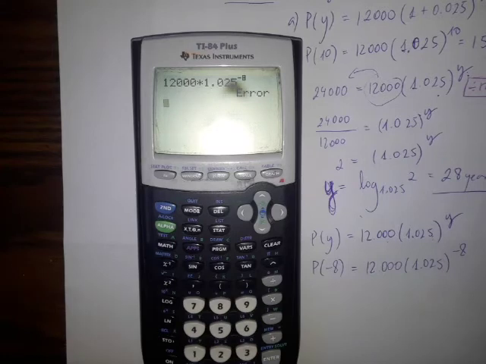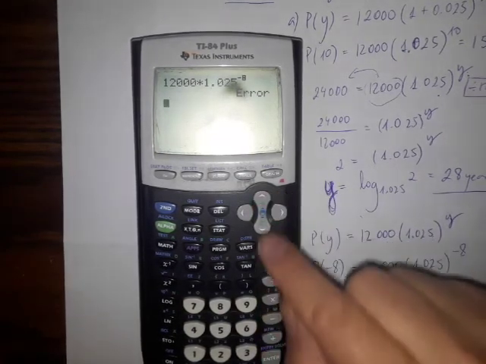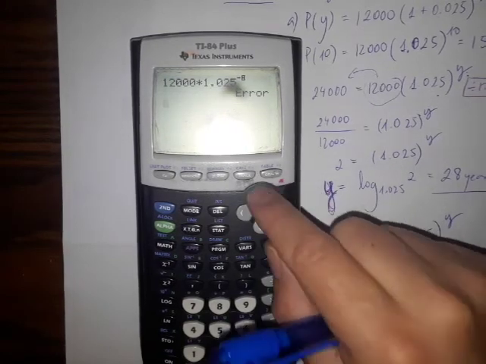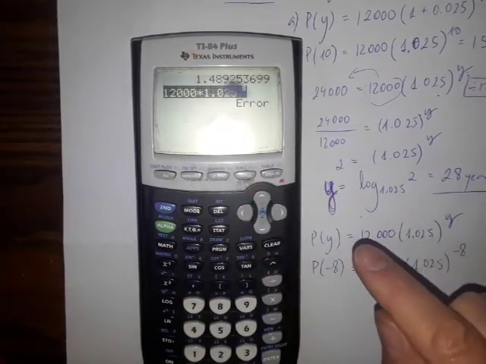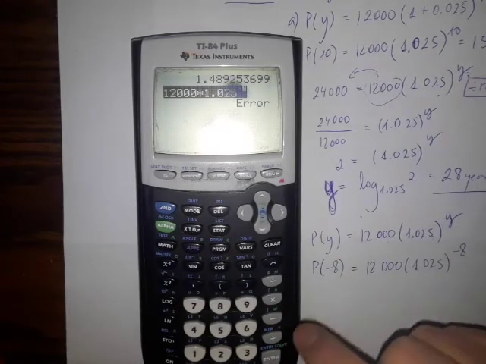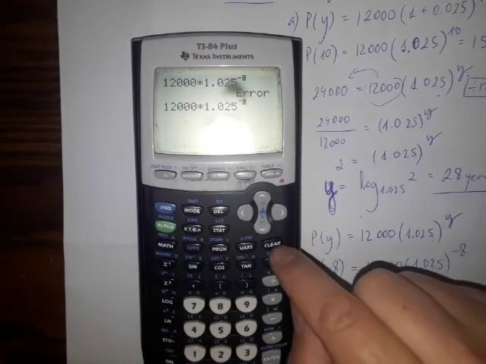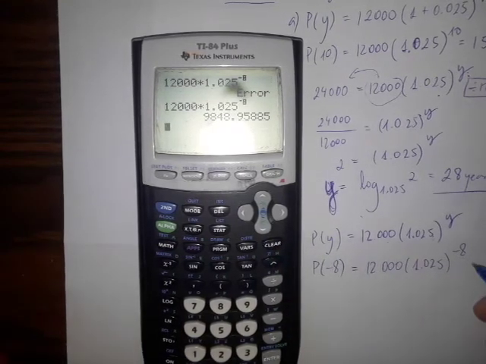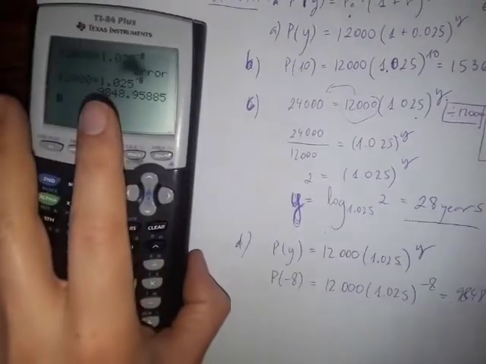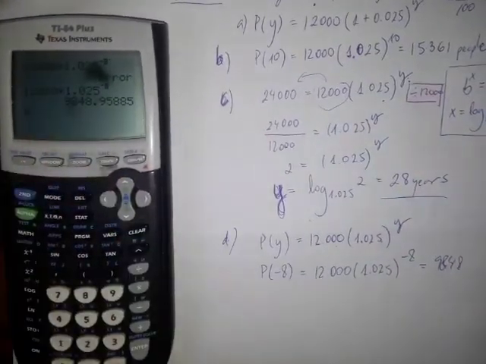What am I doing wrong? Maybe I need a parenthesis or something here. Oh no, I know what I did wrong. I put a minus instead of the negative sign. It's now -8. Okay. So we have 9,848. Okay, that's the population. That's what we get with the calculator.